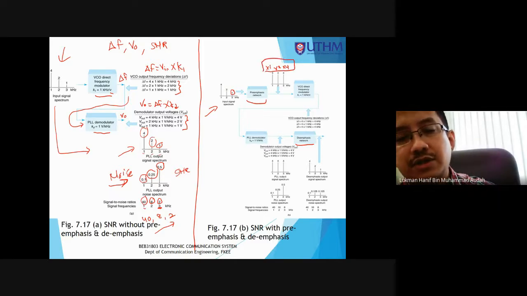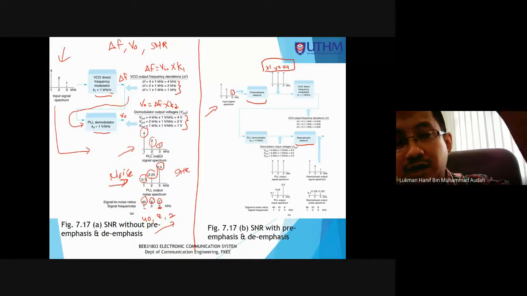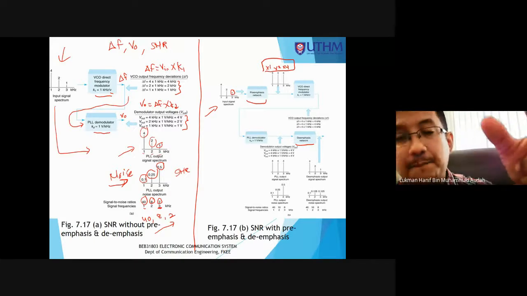This depends on the system. Dalam kes ini dia decide gandaan 1, gandaan 2 dan gandaan 4. Maknanya lagi tinggi nilai modulating signal frequency, lagi besar faktor gandaan yang diberikan.